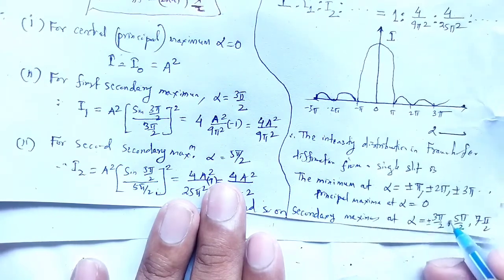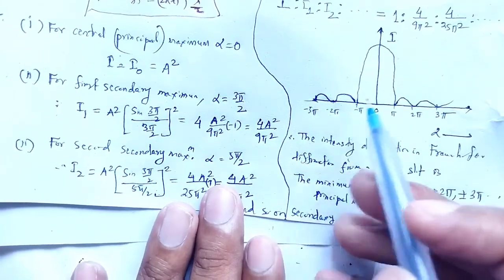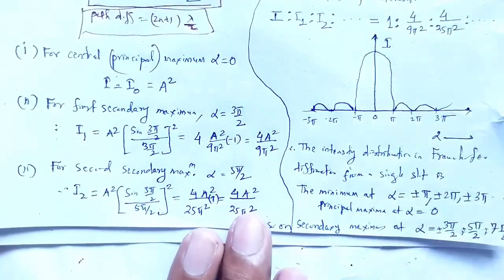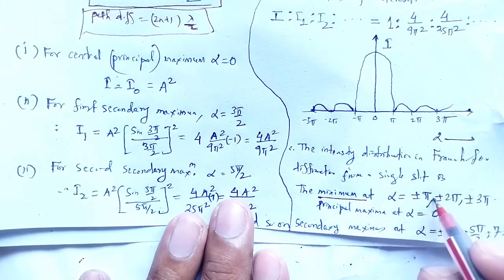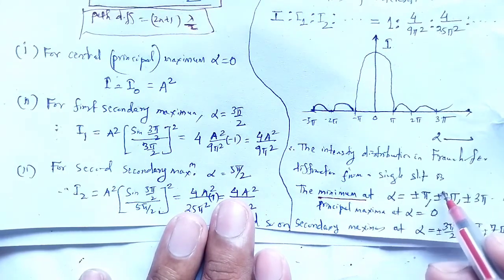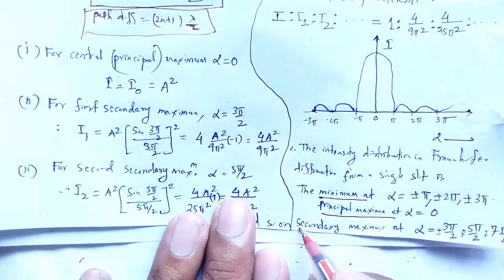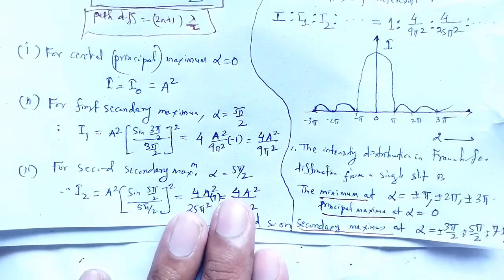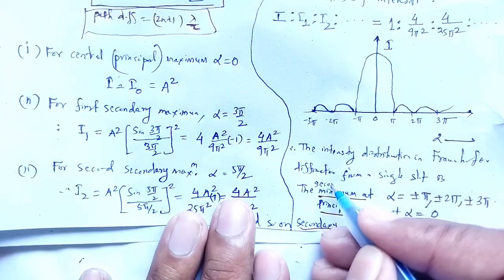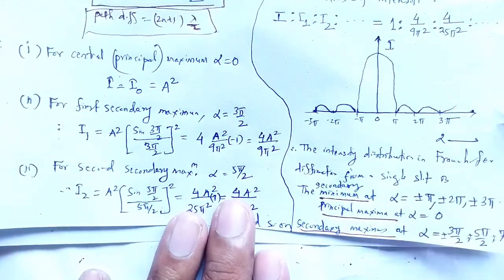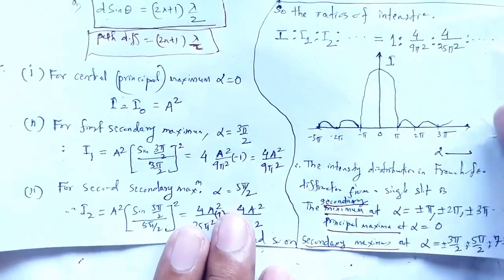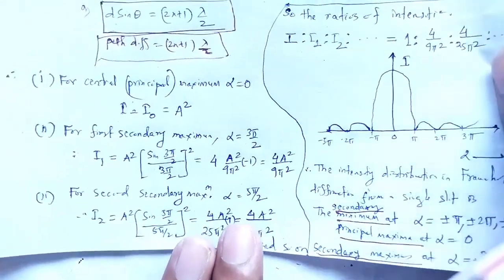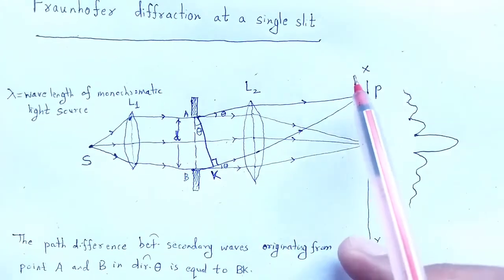These are plus minus, so on either side we have corresponding maxima and minima. These are the minima, you can say first secondary minimum, second secondary minimum and so on. So with the help of this visual exercise we understand the Fraunhofer diffraction at a single slit.